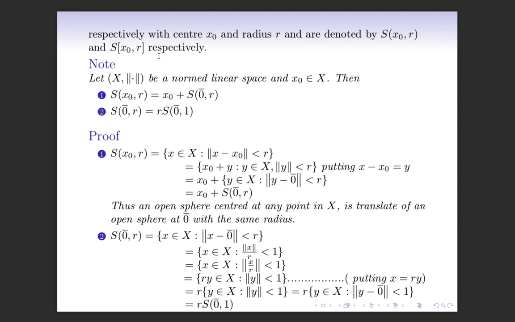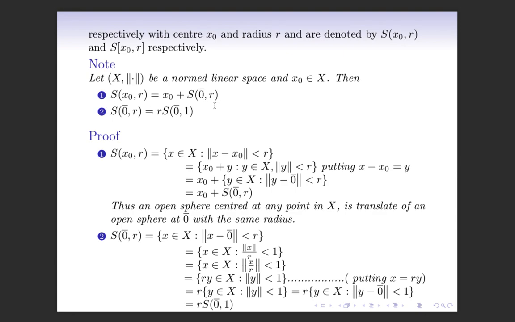Now we note that in a normed linear space, open sphere with center x naught and radius r can be expressed in terms of open sphere with center 0 vector. That is, S of x naught comma r is equal to x naught plus open sphere with center 0 vector and radius r.